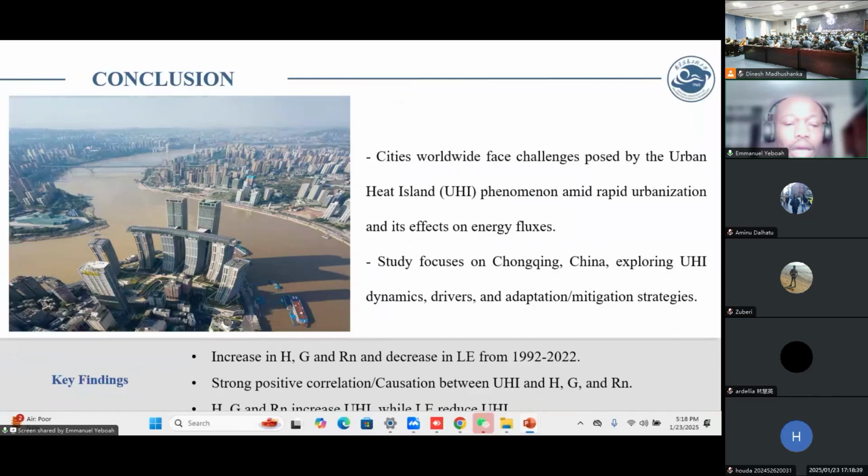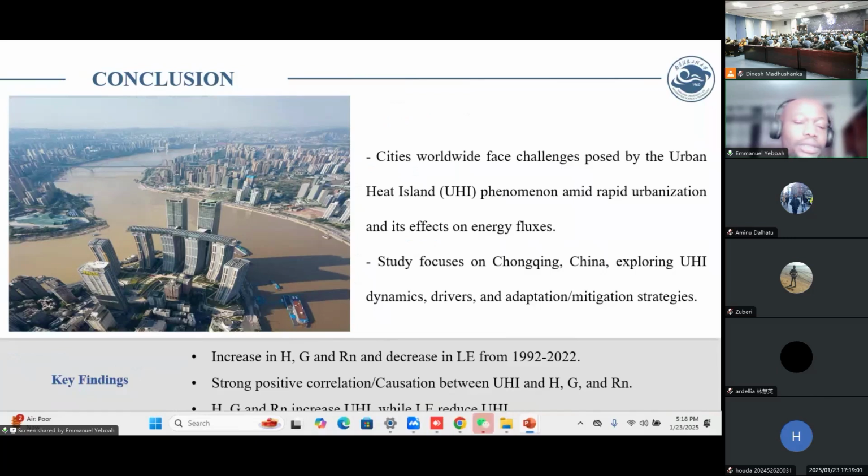We also established that there was a positive correlation and causation between UHI and sensible heat, ground heat, and net radiation. In contrast, there was a negative causation and correlation with latent heat.